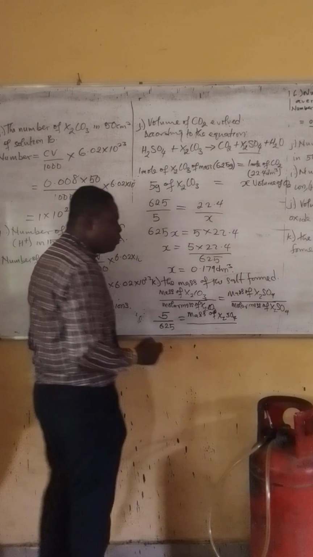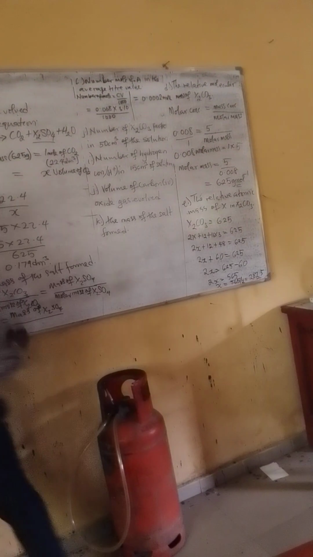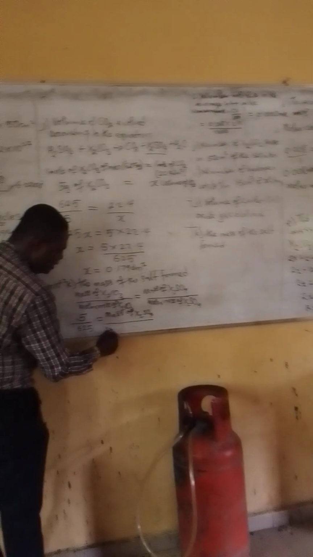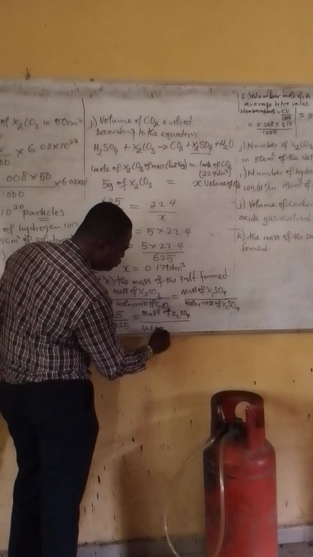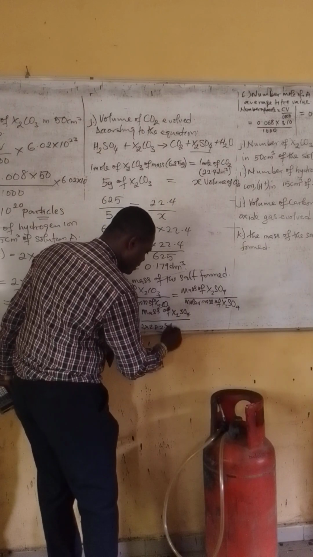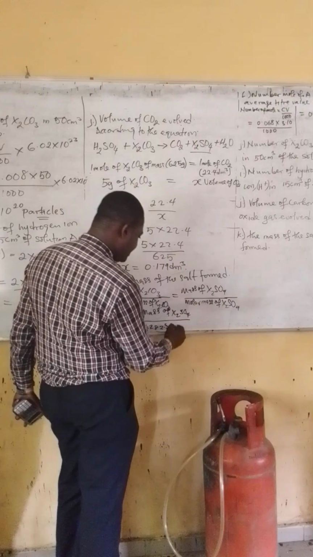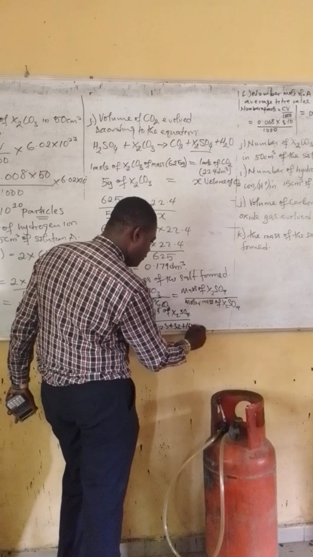Equals the mass of X2SO4 over the molar mass. Don't forget we have gotten our relative atomic mass of X to be 282.5, right? So we use that one to find the molar mass of it. Now these 2 times 282.5, plus S, sulfur is 32. Oxygen is 16 times 4.